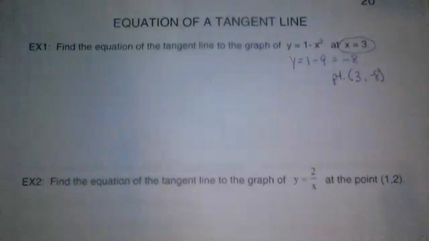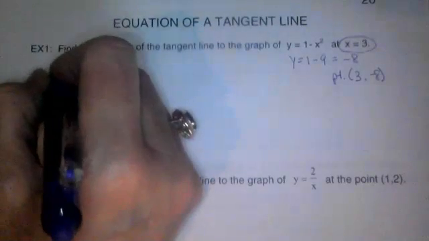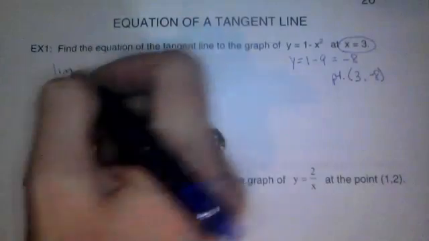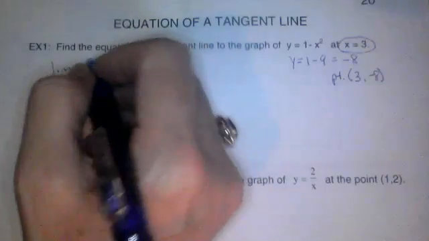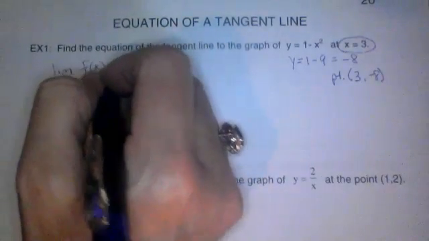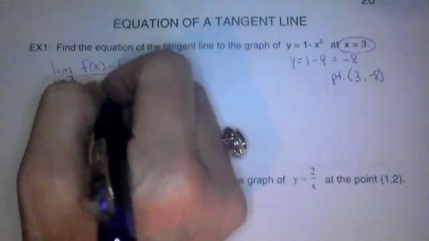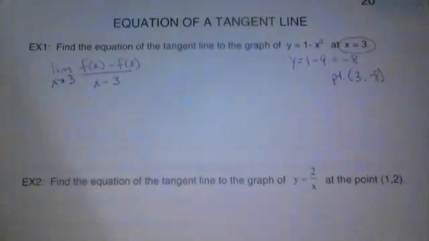All right, now for our slope. So we're going to take the limit as x approaches 3 of our function minus the function at 3 over x minus 3.